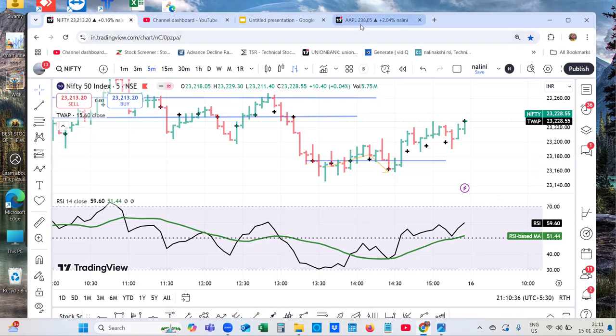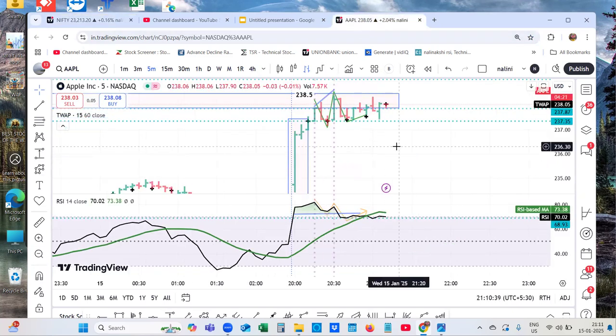Apple is struggling. Still it is struggling. Now you are seeing a bend in RSI, the RSI 14 period moving average.